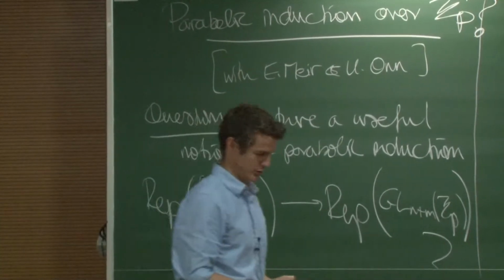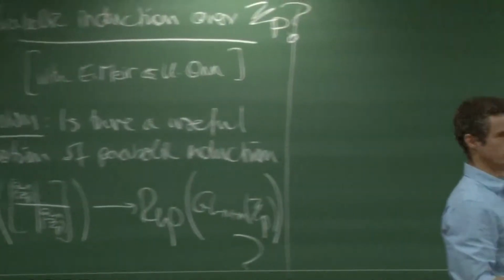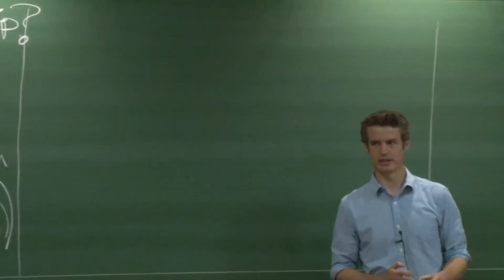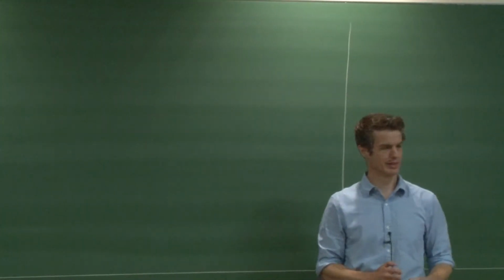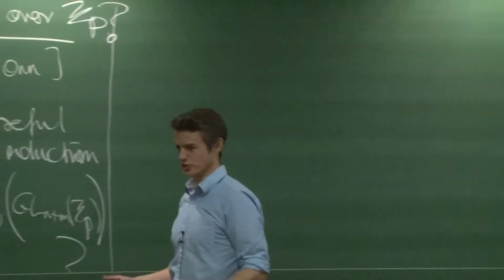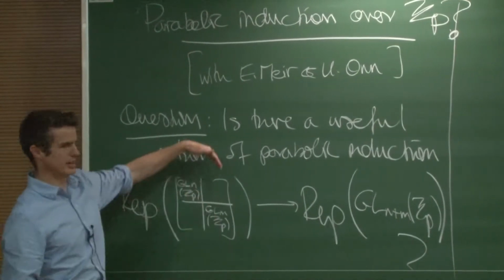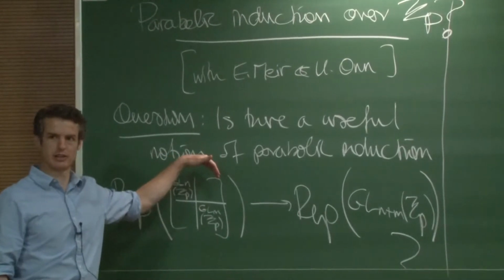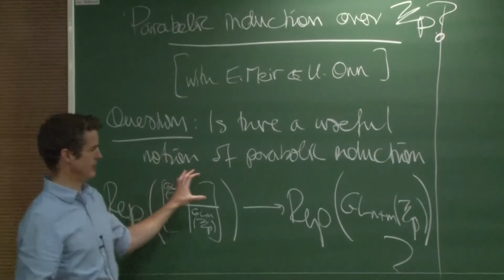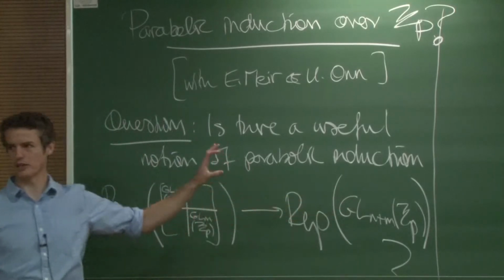And now, of course, what's useful depends on what you want to use it for. Let me tell you something that I don't consider to be useful. You could just do the obvious thing. Just pull the representation back from this group up to, say, the upper block triangular matrices, and then do smooth induction up here. Why is that not useful?